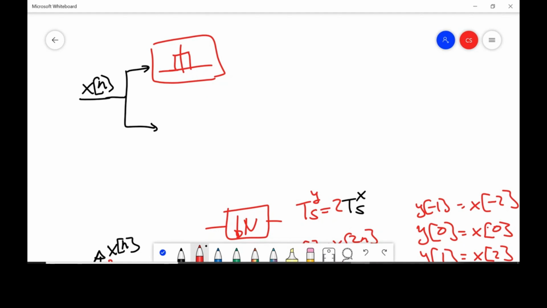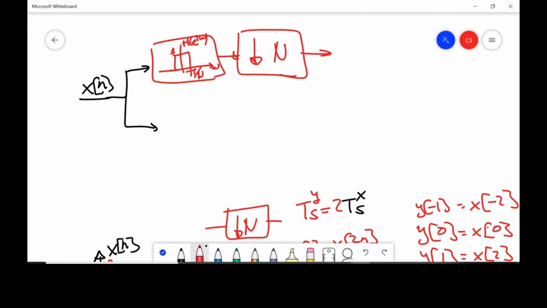Pi over n. So this has to be pi over n. And this is 1, this is omega, and this is the filter. And then we can do the downsampling. You may not remember these things, but they are familiar to you, right?